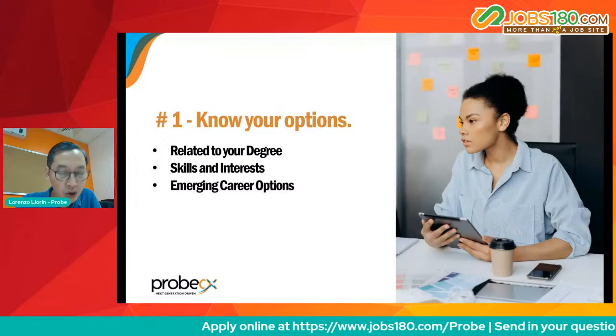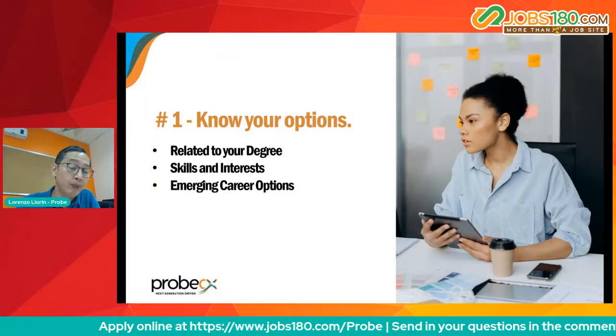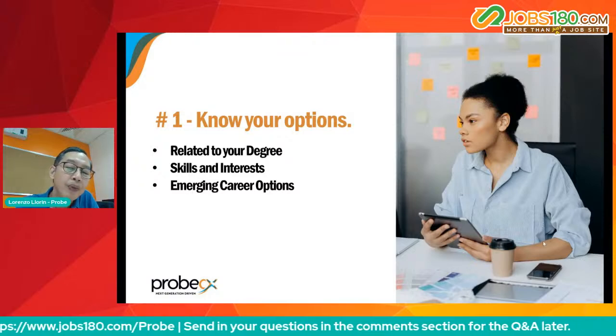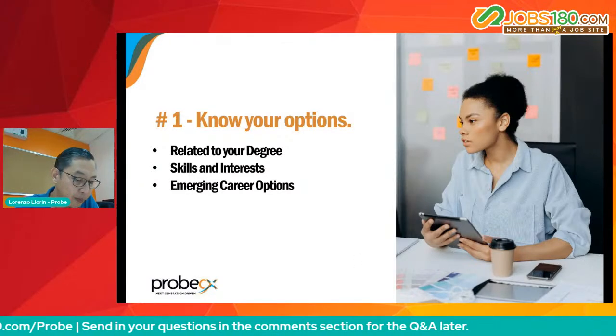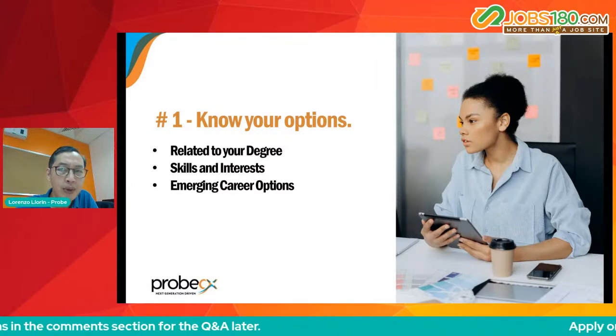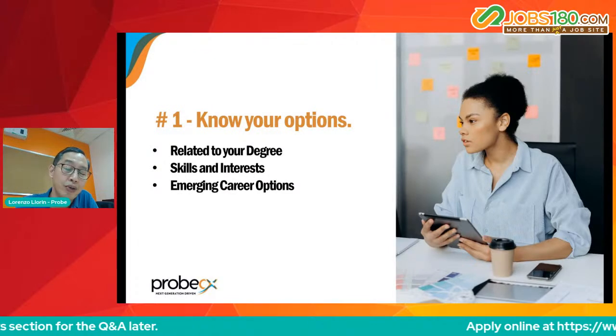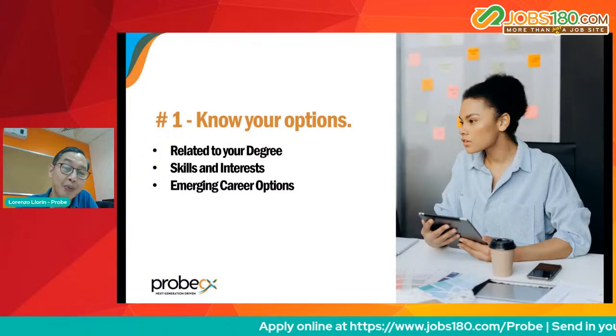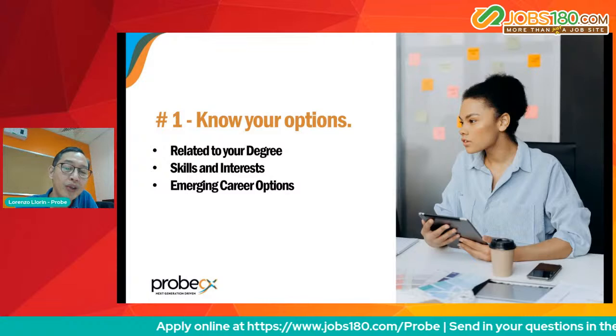So in terms of knowing your options, guys, I would just like to point out that it's either 1, related to your degree, or 2, related to your skills and interest. Maybe it's something that right now is just a hobby for you, but that you can actually explore in the future.